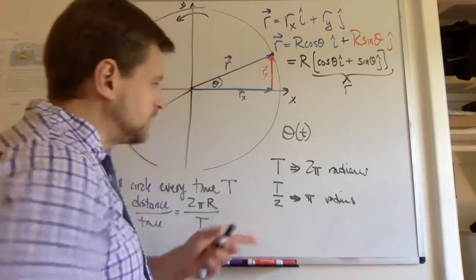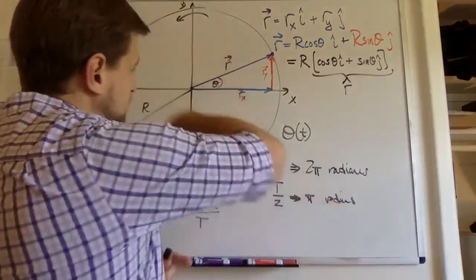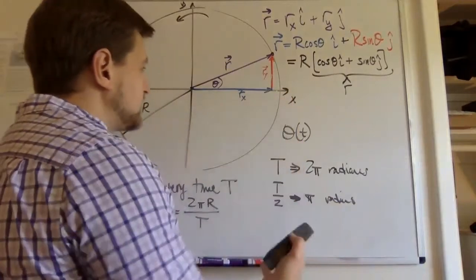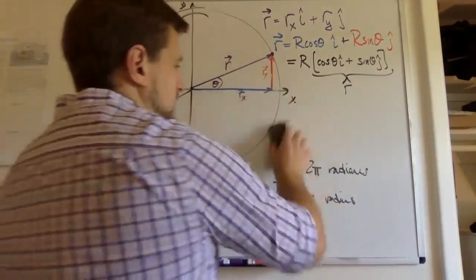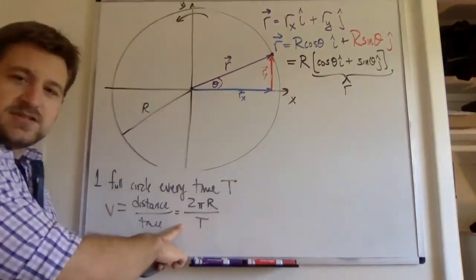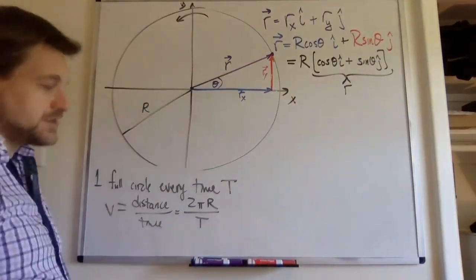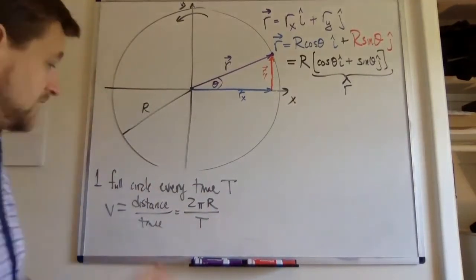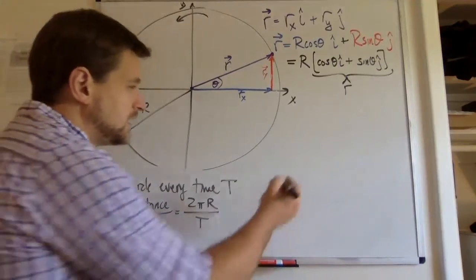Theta increases at a constant rate all the way along, because we take the speed we have and we average it over a circle. So there's no time at which we're going faster or slower than any other time. So theta should change accordingly.